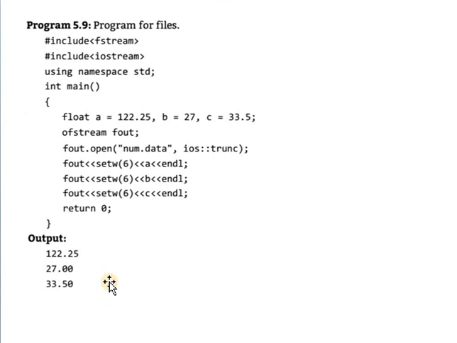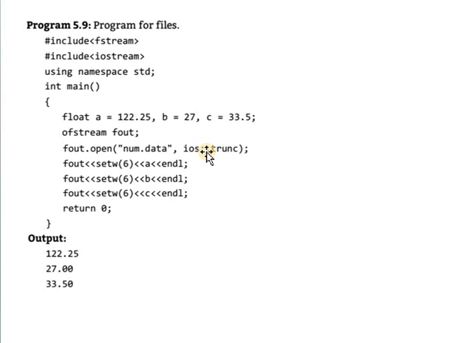Let's see one program. In this program, trunc file mode is applied, where num is a file in which data of 3 variables is stored, and the num file is opened in trunc mode, and trunc is a default mode in C++.